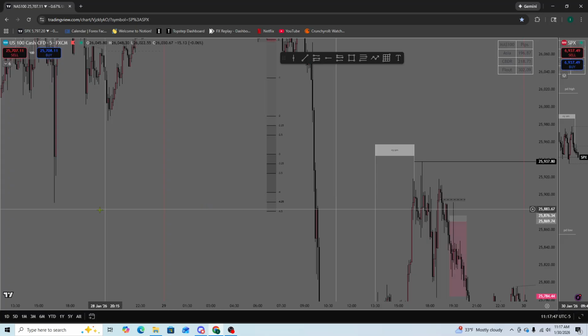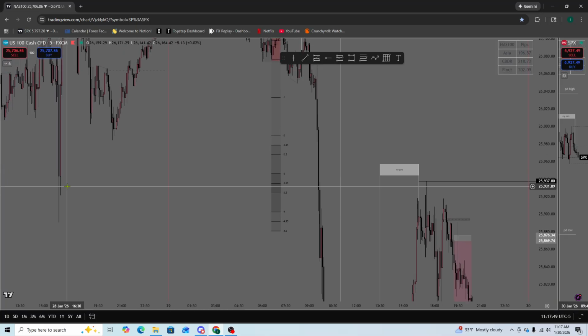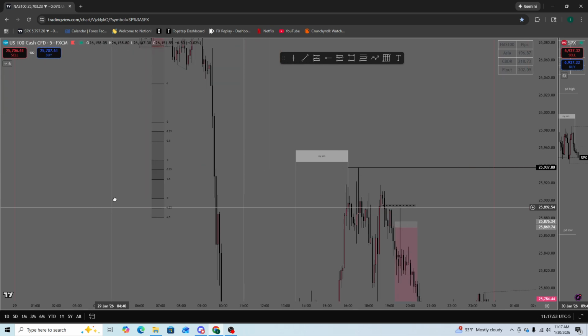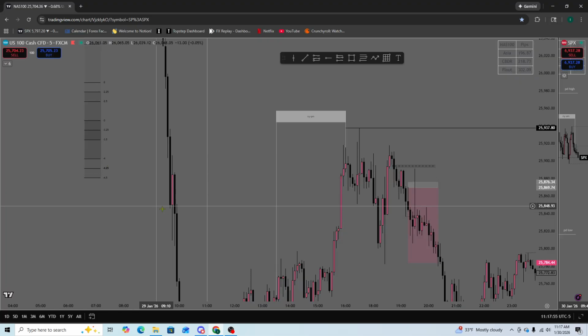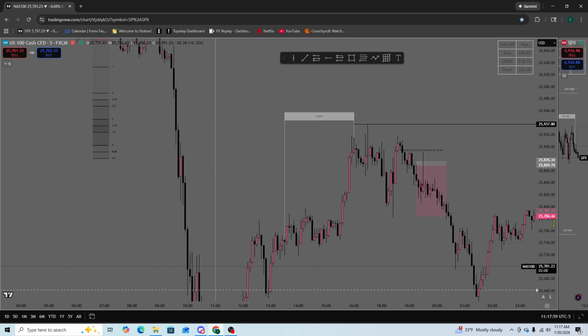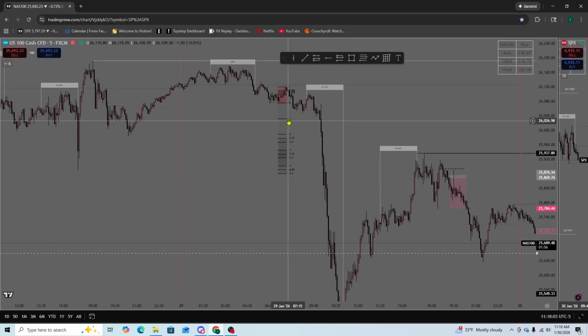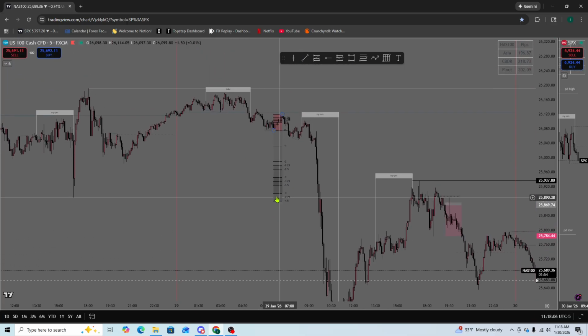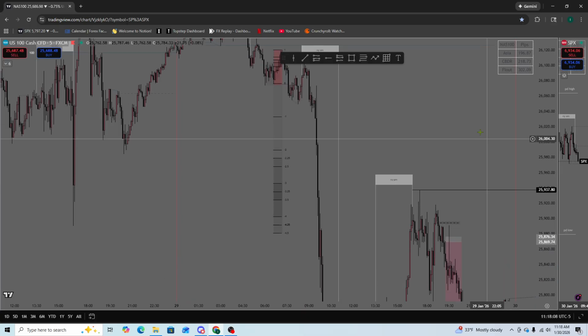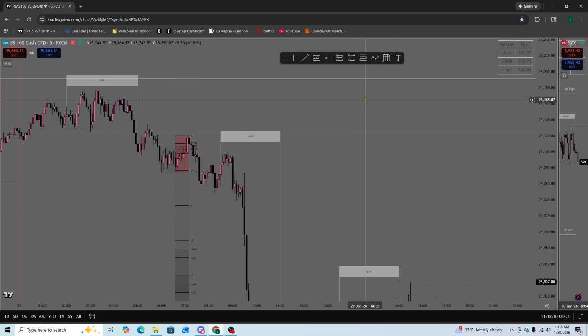The -4s align right with this low, and also this rejection block here. So what do we see? We come all the way down to the -4, and then we see a little rejection back up. Obviously, it just continued to dump, but we could use these as take profits. Again, with my OTE strategy, this could have been a possible setup.